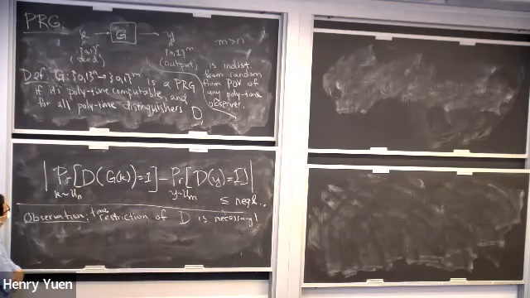If we allow the distinguisher unlimited time, then there's no such thing as a pseudorandom generator. So why is that the case?